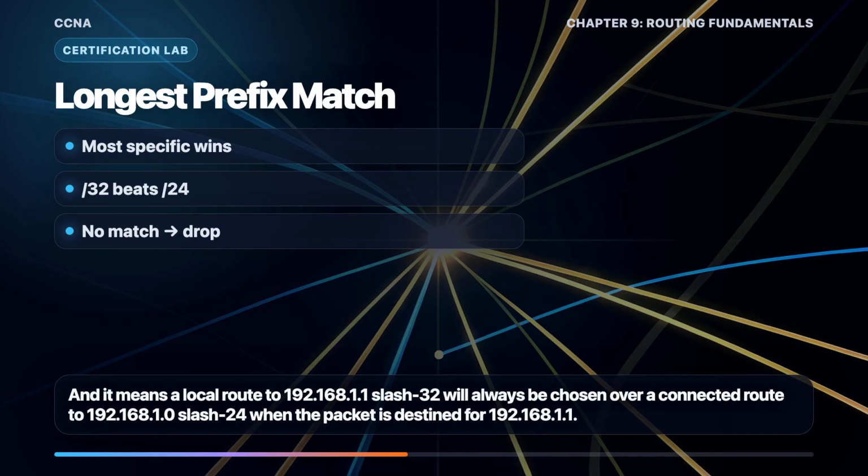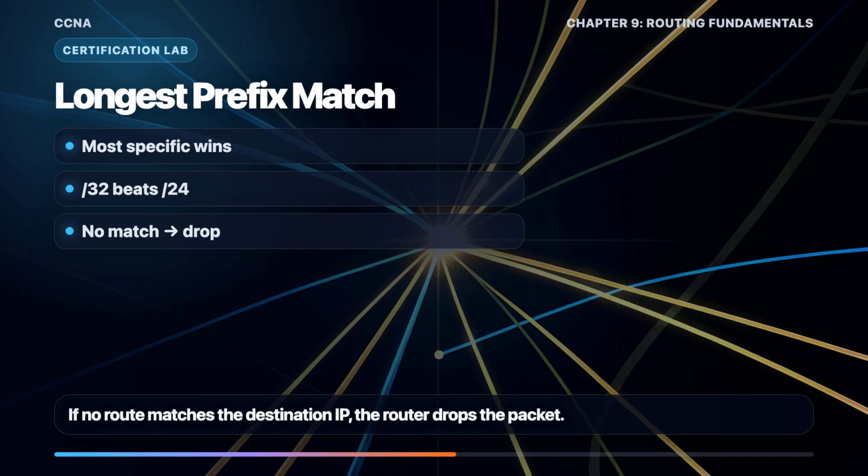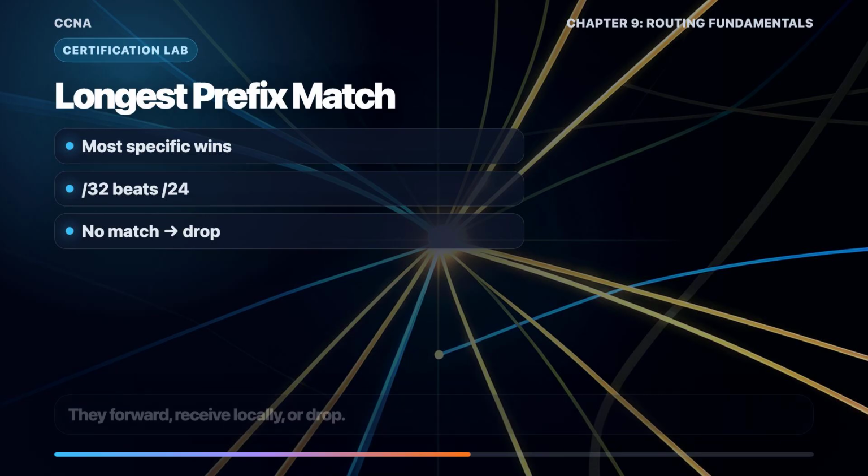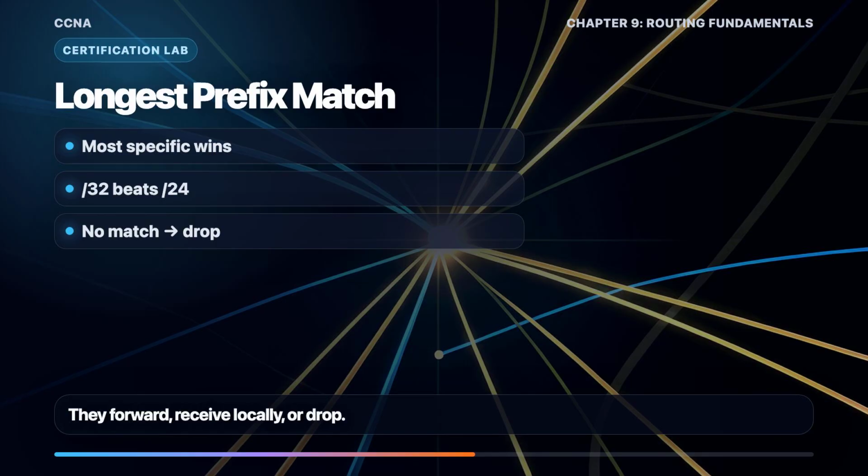And it means a local route to 192.168.1.1/32 will always be chosen over a connected route to 192.168.1.0/24 when the packet is destined for 192.168.1.1. If no route matches the destination IP, the router drops the packet. Routers never flood packets, like switches flood frames. They forward, receive locally, or drop.